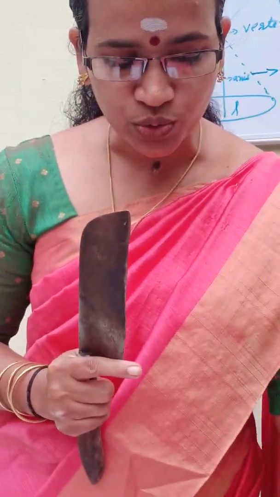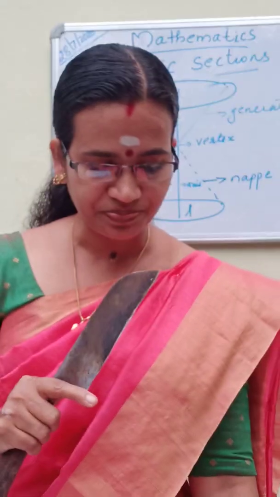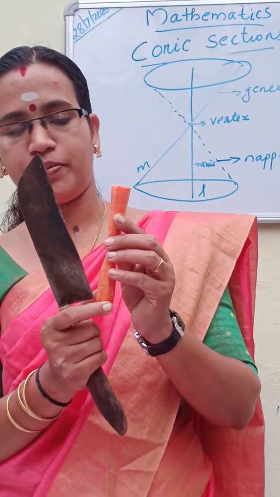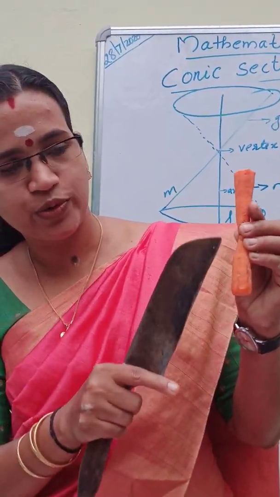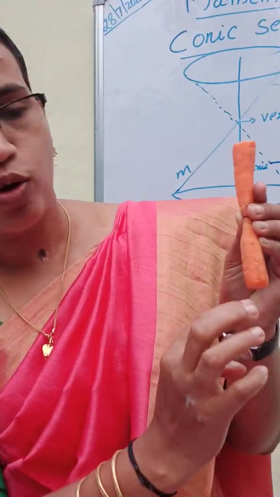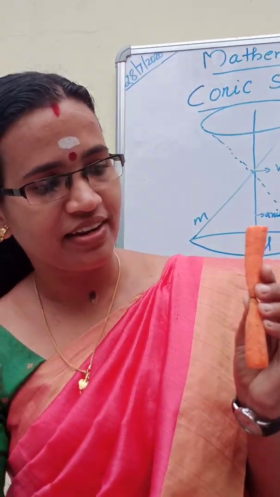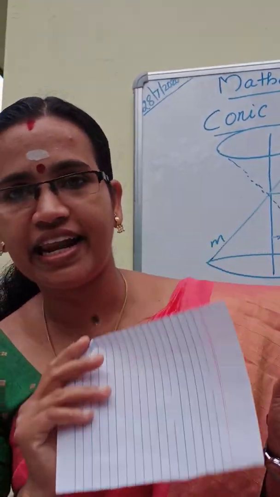I am going to intersect the double napped cone. There are two carrots, that means there are an upper nap and a lower nap here.